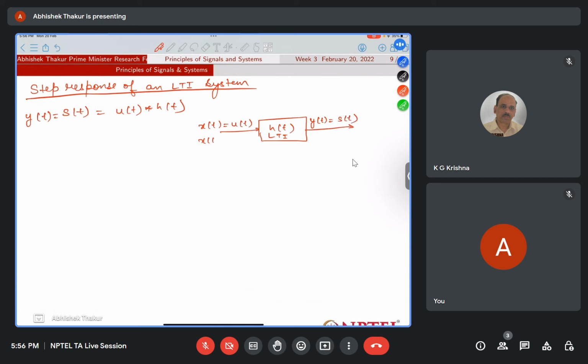And if we give ht is equal to, let's suppose del t, then our yt is equal to ht. We have already seen yt is equal to ht when our input was impulse. Now when the input is unit step, we will see what will be the yt.